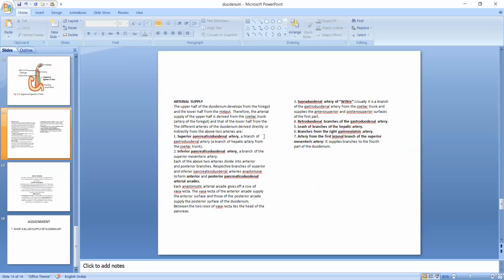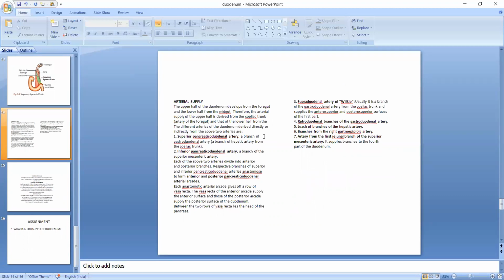Arterial supply. The upper half of the duodenum develops from the foregut and the lower half from the midgut. Therefore, the arterial supply of the upper half is derived from the celiac trunk and that of the lower half from the superior mesenteric artery. The arteries of the duodenum are derived directly or indirectly from these two arteries.